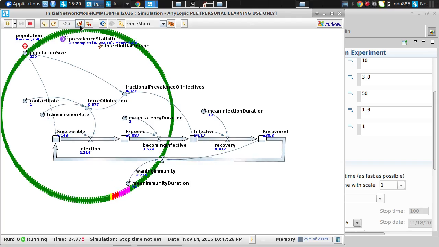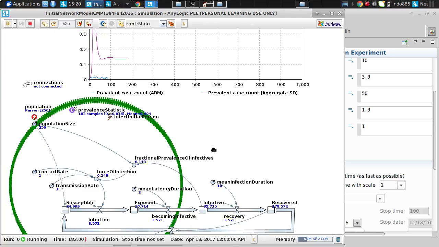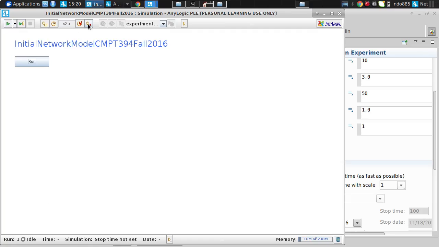Okay, so what's going to happen? How is this changing the dynamics of the network? Whoa, what's that? Okay, let's try that again. Even more spatially localized.